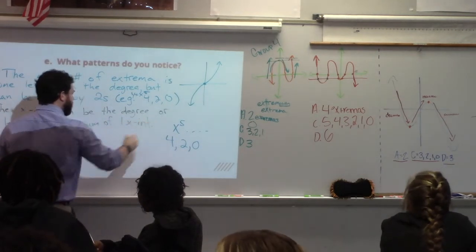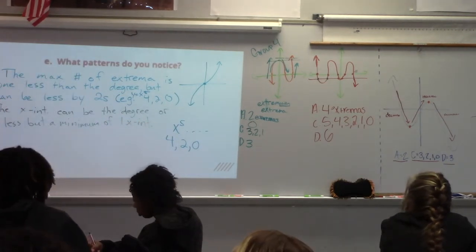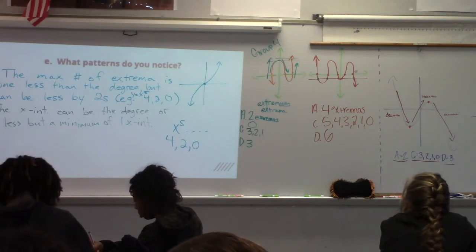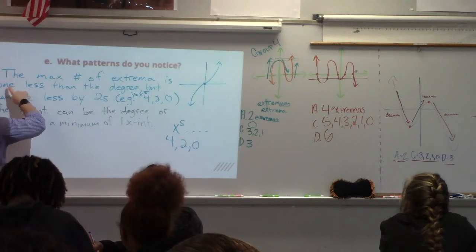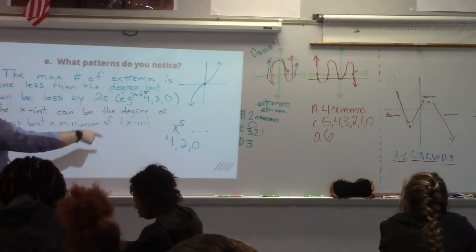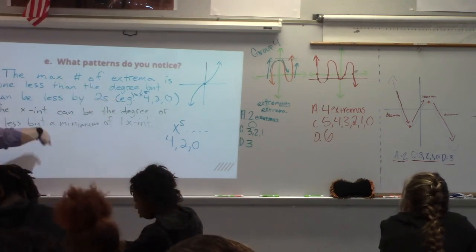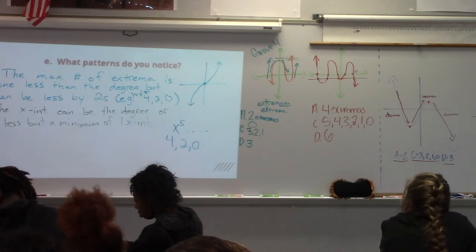We also have a pattern of one more than the extremes. Yeah, you could add that in. And that makes sense though, because the number of extrema has to be at most 1 less than the degree, and the degree and the number of zeros match.